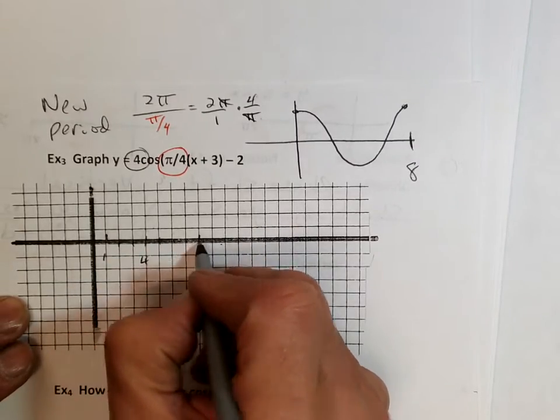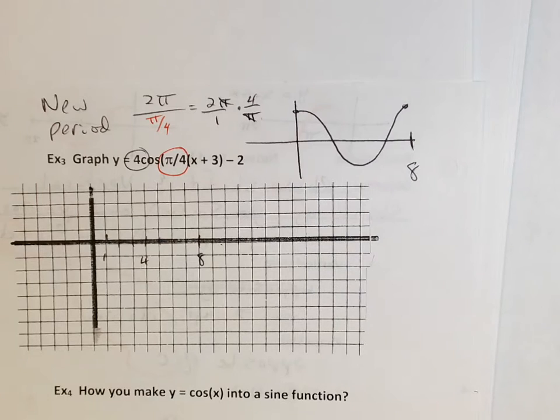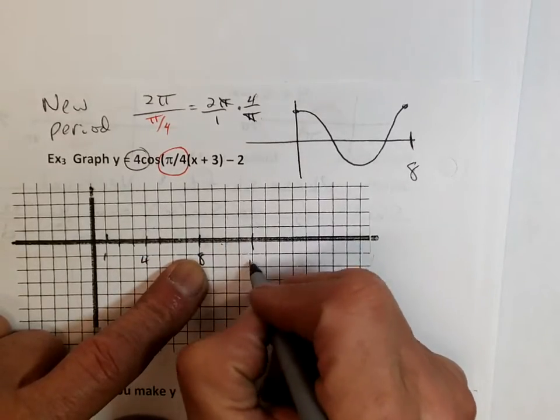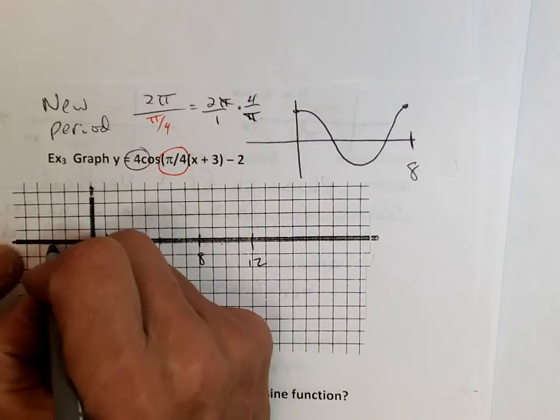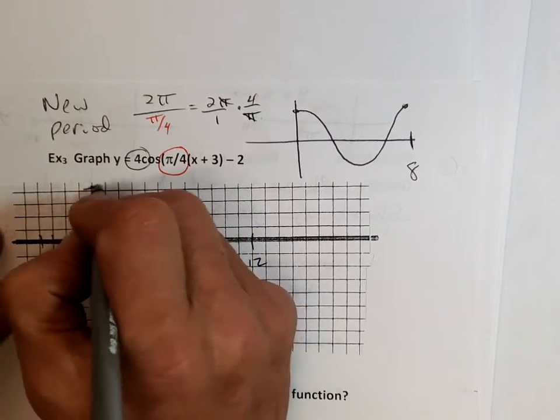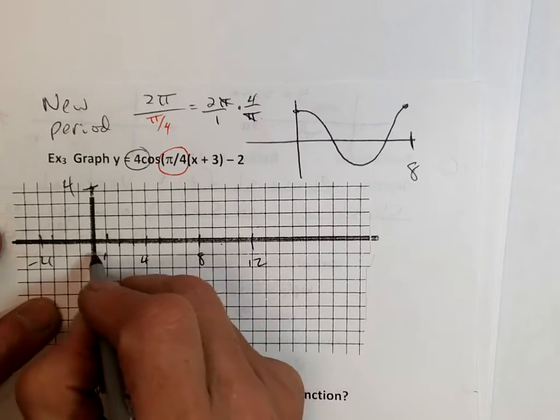In science, think about these as being seconds. Or if it's a cell phone, nanoseconds, because the waves are super small. Let's go out to 12. And -4, since my amplitude is 4. This is kind of weird because the scales are going to be the same.